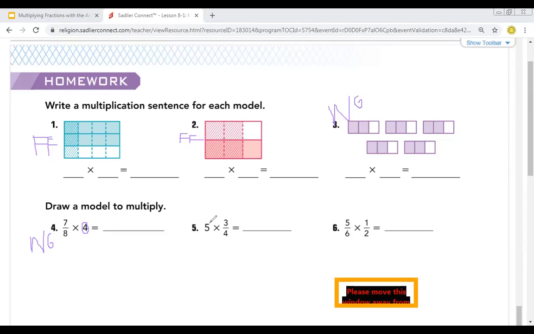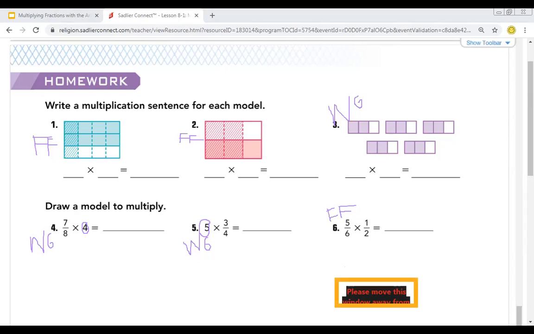And number 5 is whole number grouping. You're drawing 5 copies of 3/4. And number 6 is fraction of a fraction. So you're going to draw something that looks like this rectangle with overlapping parts, 5/6 going one direction, 1/2 going the other direction, okay?